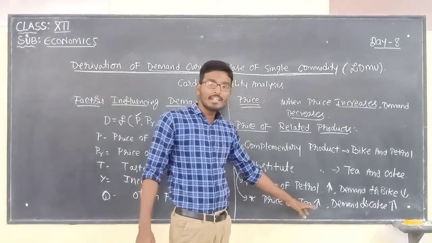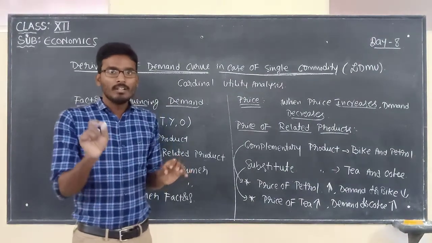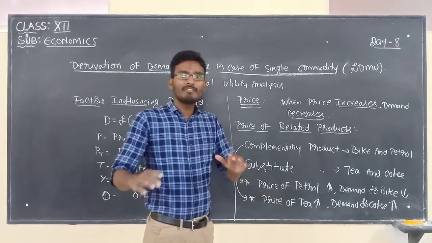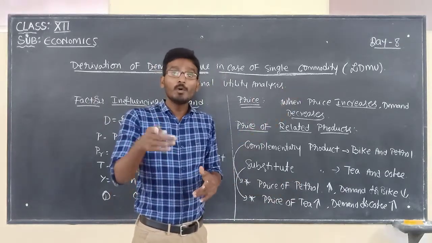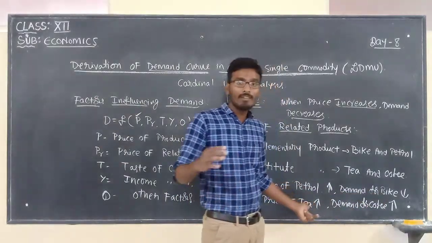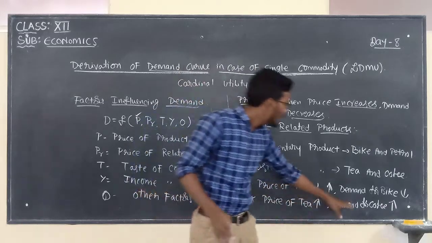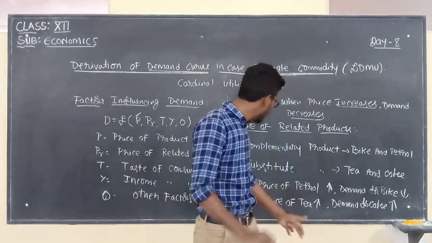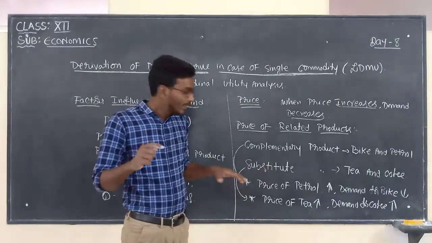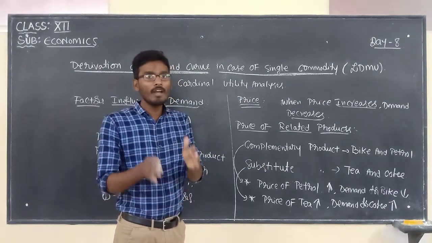Simple. You are habituated to drinking both tea and coffee, but suddenly the price of tea increases. At that time, you prefer to consume coffee. Whenever the price of tea increases, demand for tea will decrease, and in the same manner demand for coffee will increase. It is in case of what kind of product? Substitute products. In this manner, the price of other products influences the demand of one product.